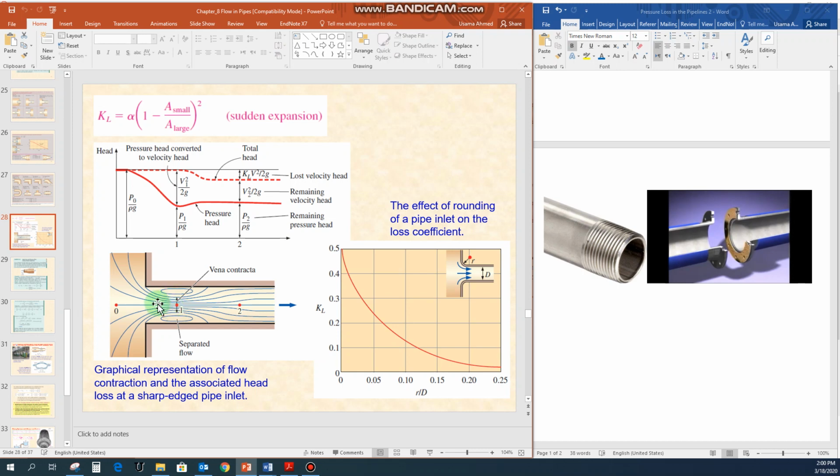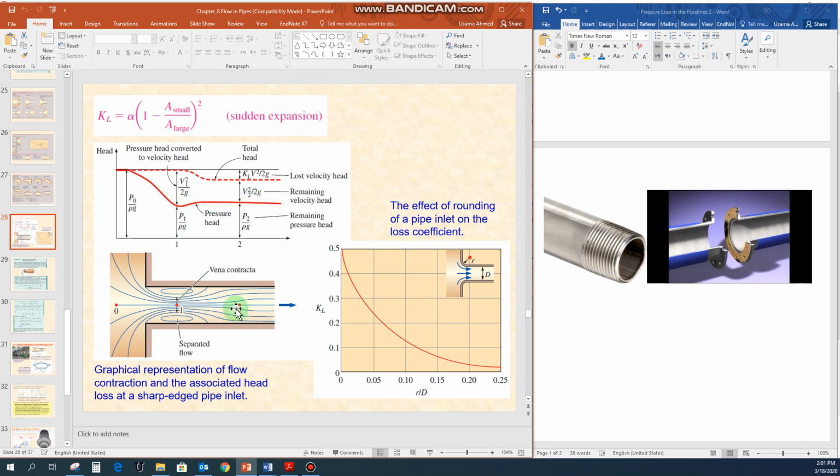So what we see here is the conversion of the pressure head into the velocity head, and then how this velocity head is again recovered into the pressure head. At point 0 you have the maximum value for the pressure head, but once the fluid enters this pipeline, the pressure head is converted into this velocity head, V1 squared divided by 2g, and the pressure head is reduced. After the vena contracta region, some of the velocity head is recovered back into the pressure head.